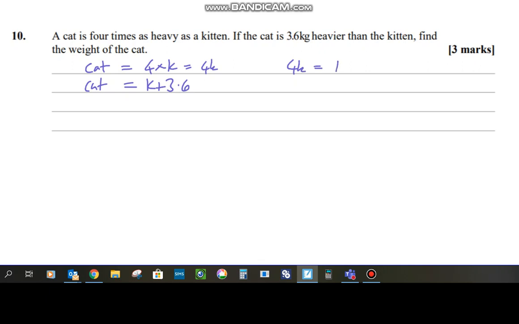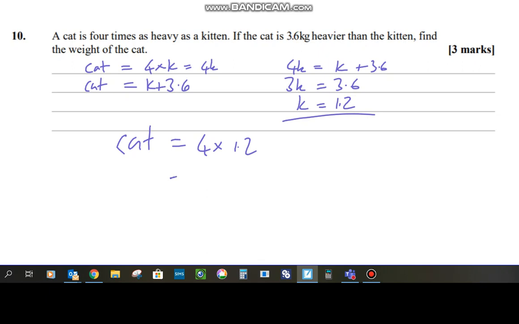So 4k is equal to k plus 3.6. If we subtract off the k, we've got 3k is equal to 3.6, and so the kitten is equal to 1.2. Now we know we could use either of these to get the weight of the cat, which is what we're after. So I'll just do 4 times 1.2, which is 4.8 kilograms.